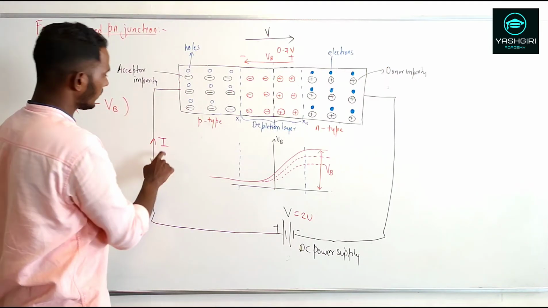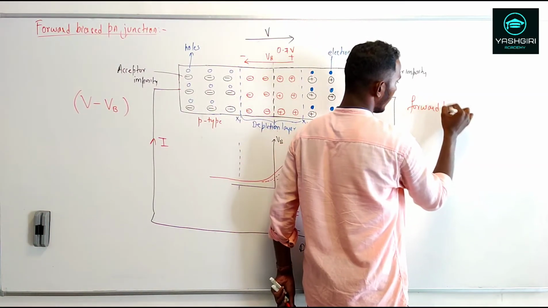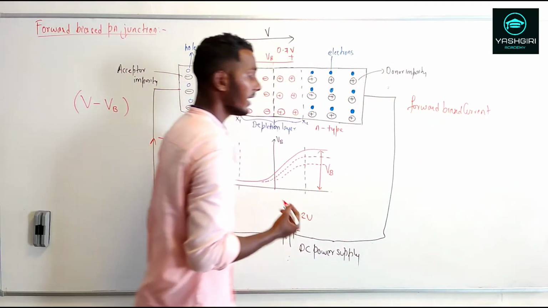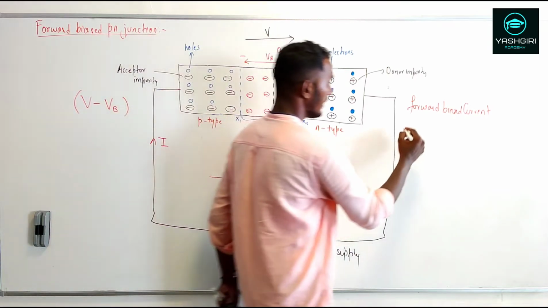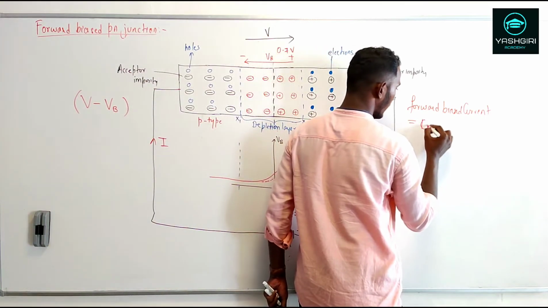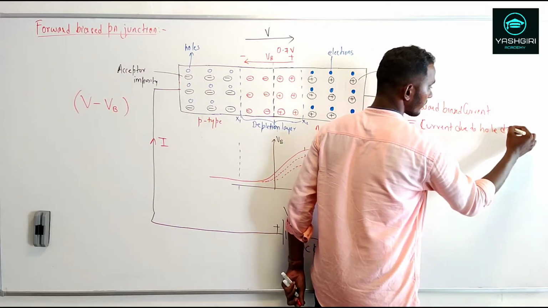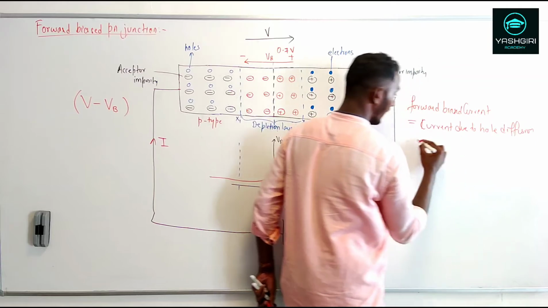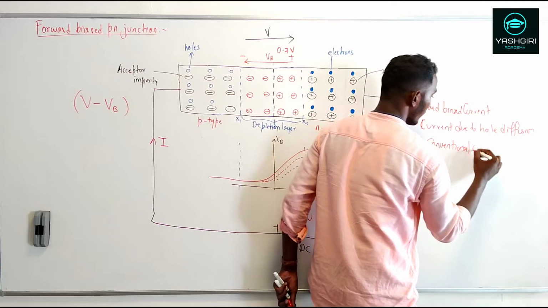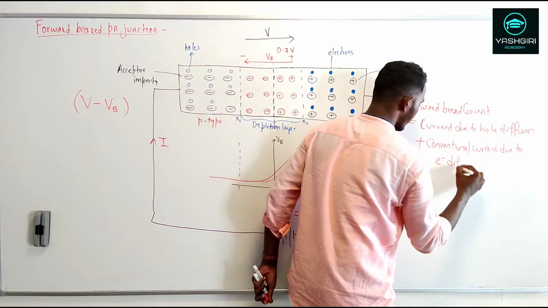All right, so the forward bias current is equal to the hole diffusion current plus the conventional current due to electron diffusion.